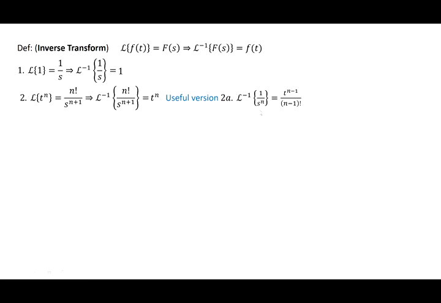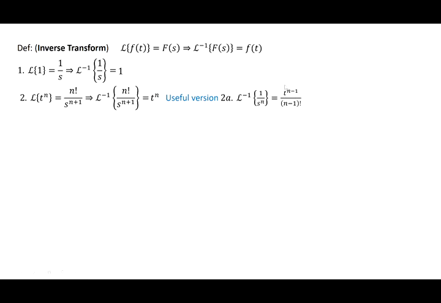Now, of course, logically this comes from the previous one, right? N factorial is just a constant, since n is a constant. Okay, how about this? Go backwards.